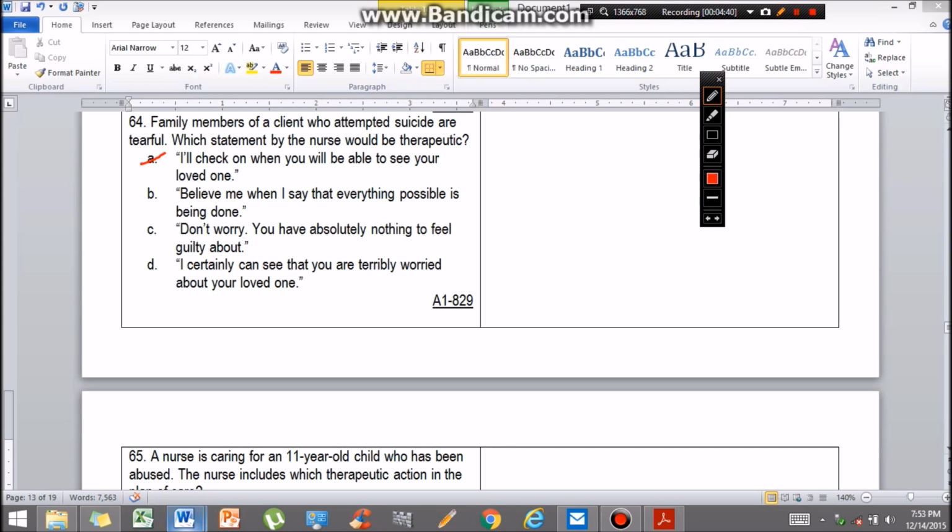Eliminate, because we're looking for a therapeutic response and the situation does not suggest that the family members are asking about the time that they can see their loved one. So this is not the issue. Eliminate A. B. Believe me when I say that everything possible is being done is a form of false reassurance.